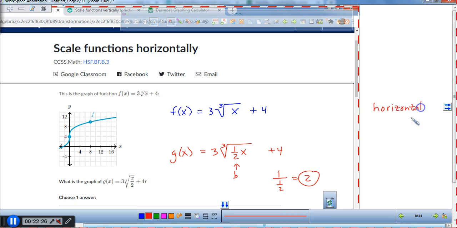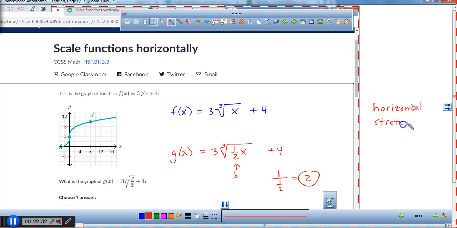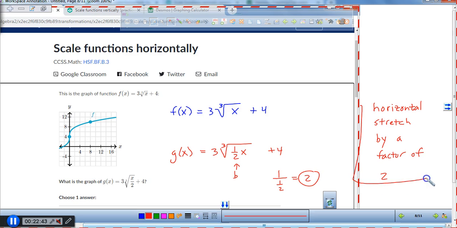I'm going to put horizontal stretch by a factor of 2. All right, so what does that mean? That means whatever your x value is, we're going to multiply it by 2. Well, I've got an x value right there at 0. Well, 0 times 2 is still 0.